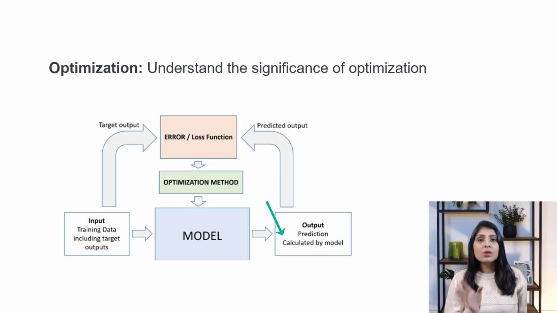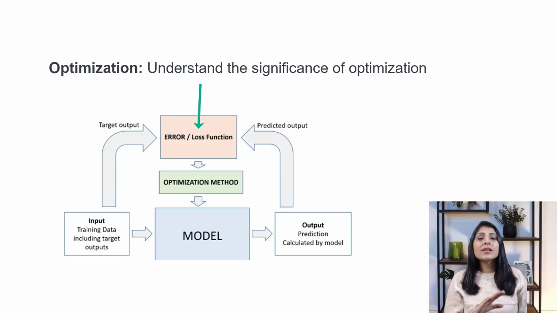Once you train the model, the model looks at the inputs, and at this predicted output section over here, the model will make a guess about what the output should be, okay? This prediction, or guess, is what the model thinks the correct answer is, based on what it has learned so far, okay? Then we have this error or loss function.